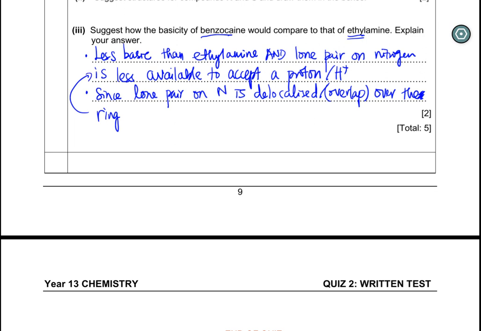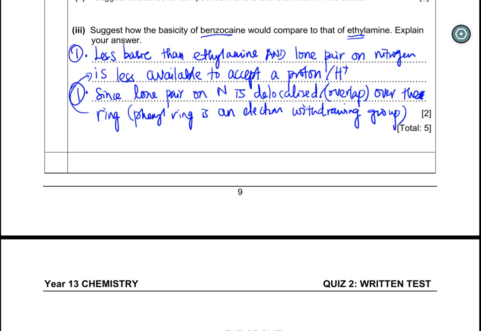You can also add that the phenyl ring is an electron withdrawing group. So 1 mark here and 1 mark here.